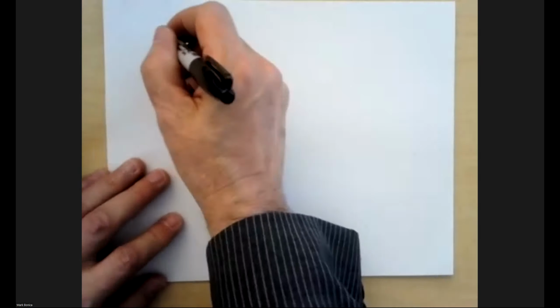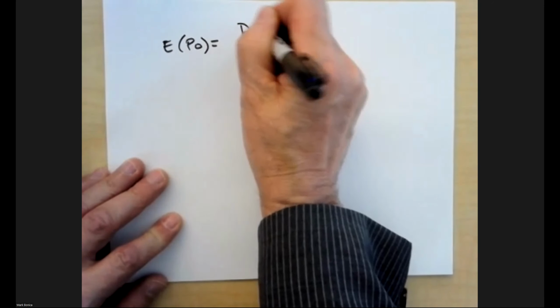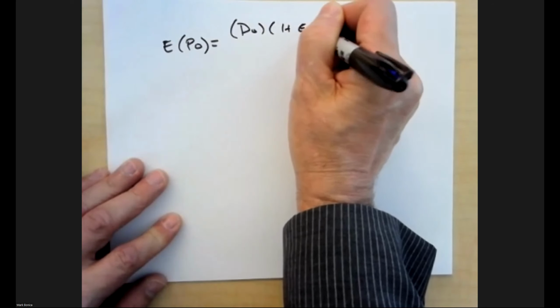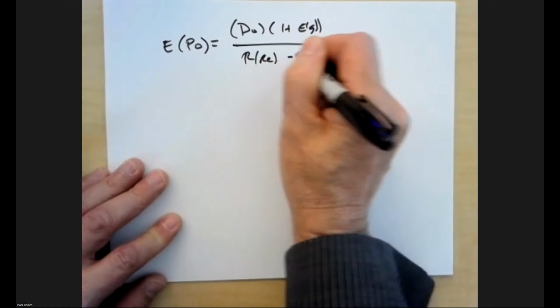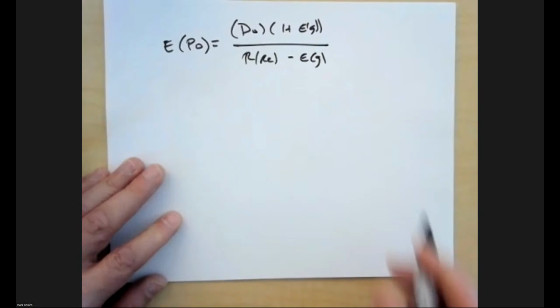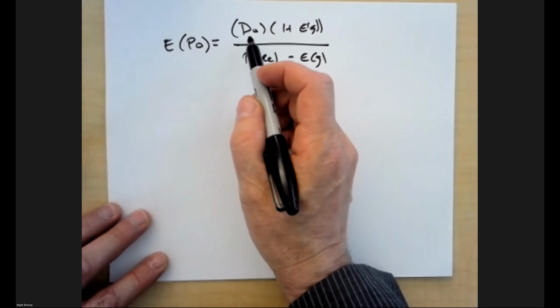So when we were treating it as a stock price, because this formula is the same, it doesn't matter, right? It was EP0 is equal to D0 times 1 plus EG divided by RRE minus EG, right? So this was the last dividend paid.